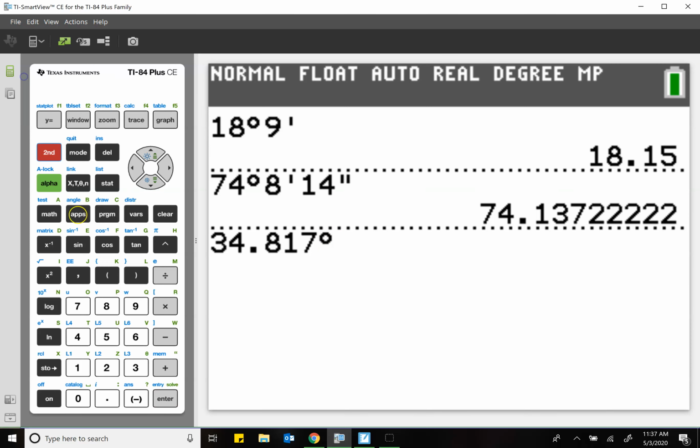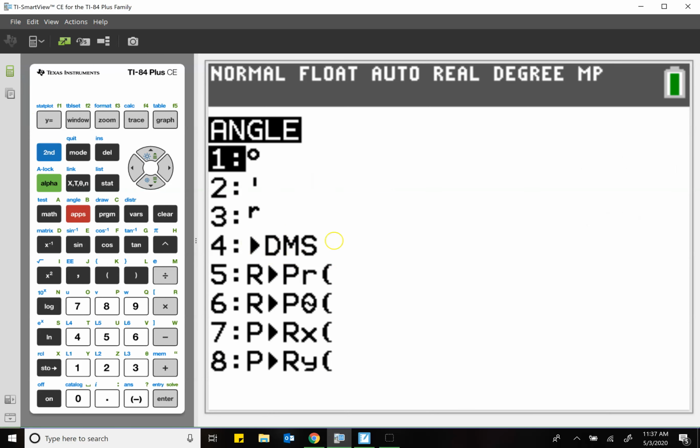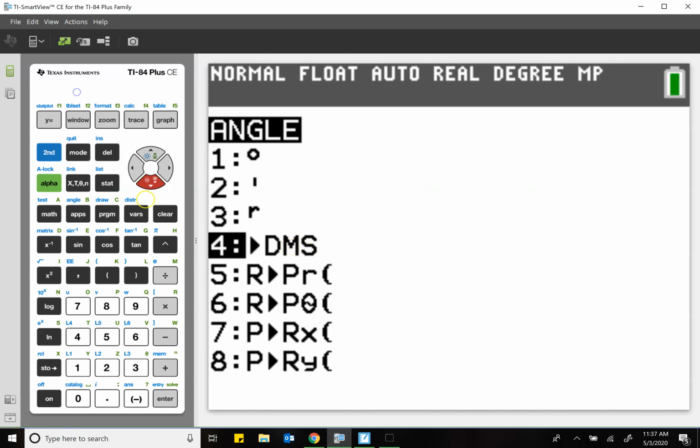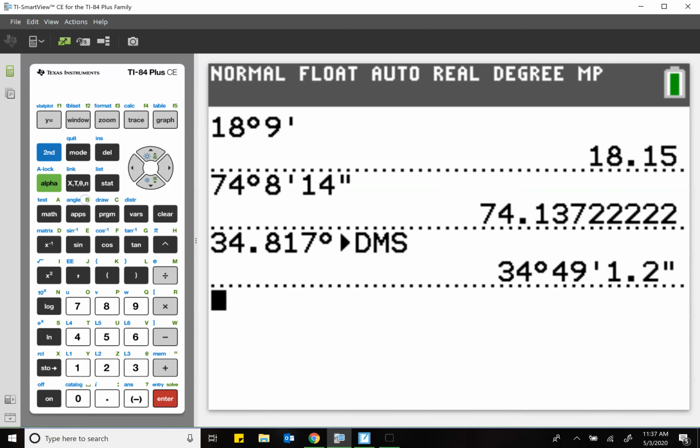And then go back into apps and work with number 4 because this says convert to degrees, minutes, and seconds. So scroll down to number 4. And there it is. See, there's that number we came up with. And there's the 1.2. So again, we can just drop off the 0.2 because we don't really care about that. So there it is. You can let your calculator do all that for you.